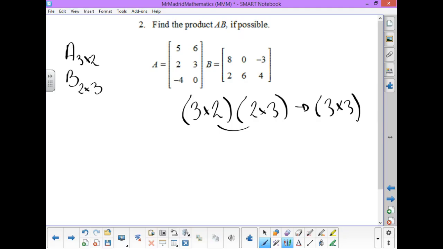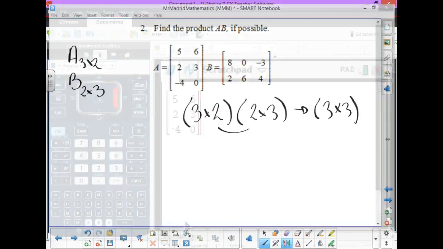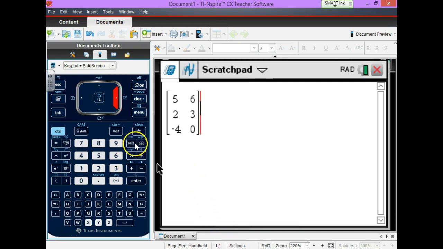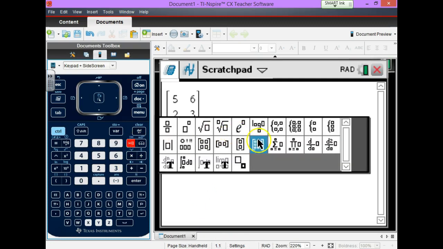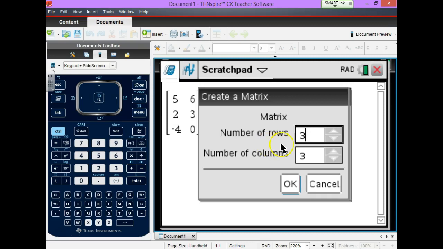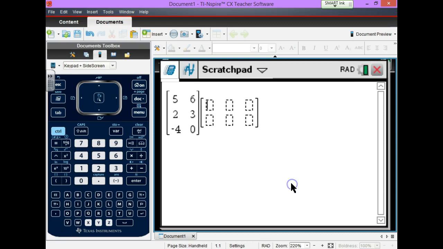Now I'm going to come out here on the outside and enter B, because I've already proven that they can be multiplied, so I can get my product AB. The next one is a 2 by 3, so I'm going to enter these values. Click this button, and this is a 2 by 3.